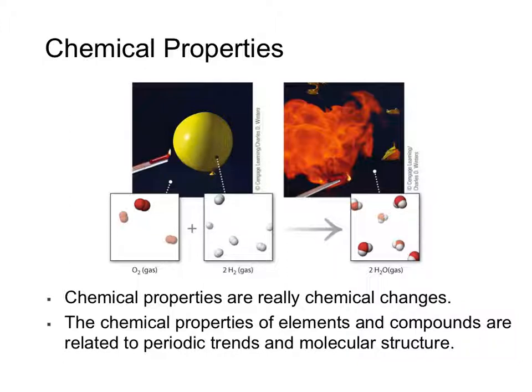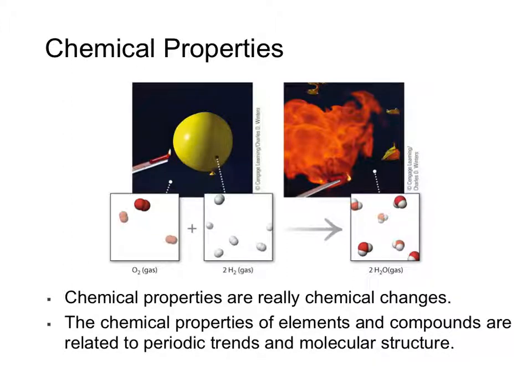And so one of the chemical properties of oxygen is its ability to react with hydrogen. Likewise, one of the chemical properties of hydrogen is its ability to react with oxygen. When we're investigating those chemical properties, we are sending those substances through a chemical change to make water.